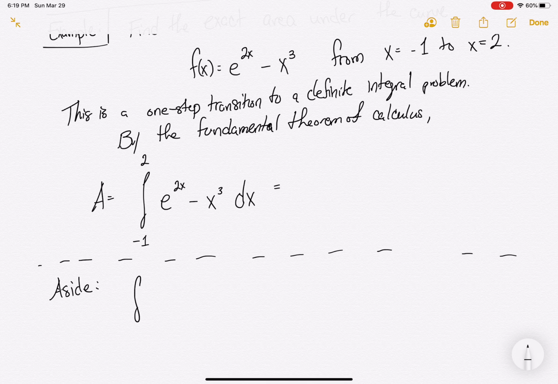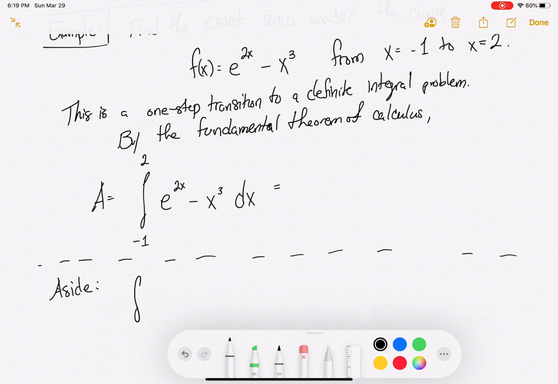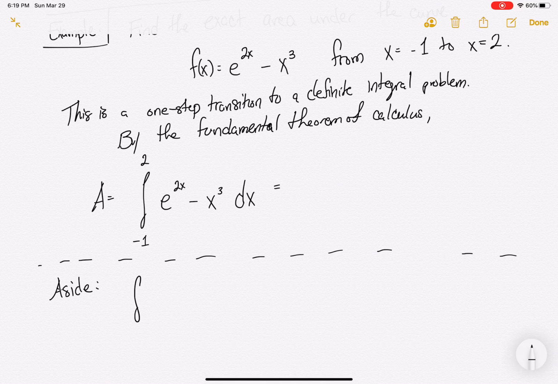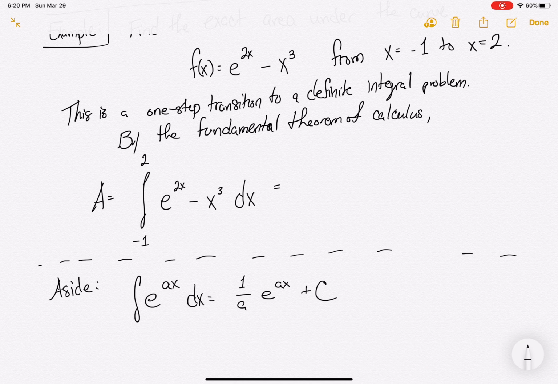The indefinite integral of e to the ax dx equals 1 divided by a times e to the ax plus c. You just get there by u substitution. That's all it is. So we're going to use that.